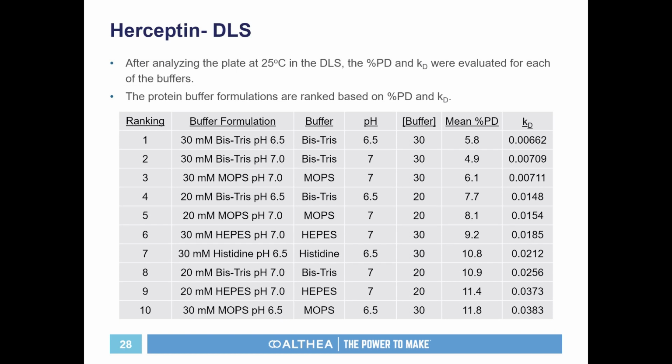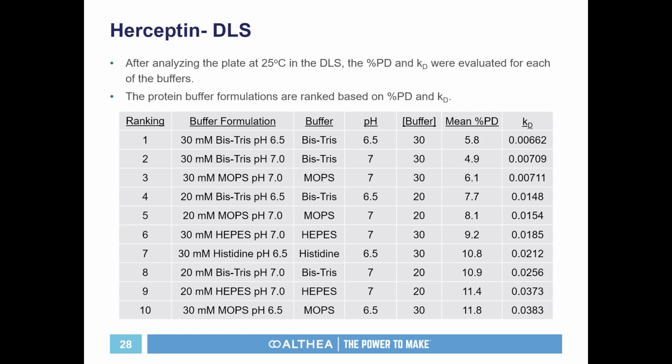So utilizing that pre-crystallization method that Lynette already detailed in the above slides, we were able to analyze a percent polydispersity and KD value of Herceptin in a variety of different buffers, 32 to be exact. So after the analysis using the dynamic software, we were then able to rank these different buffers depending on their percent PD and KD values.